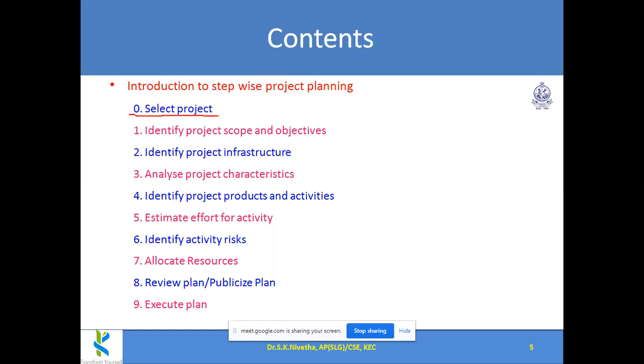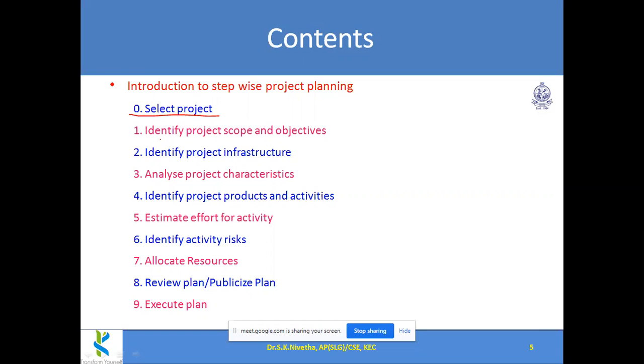The first step obviously is selecting the project. This will be done through feasibility study. Till now in unit 1, what we have seen as a feasibility study, like applying several measures, cost benefit calculation and all. And finally, we are deciding whether to take up the project or to drop it.